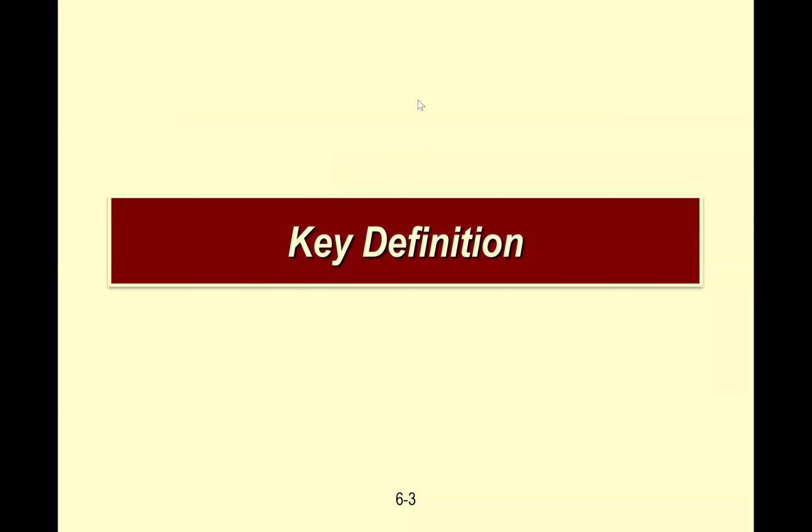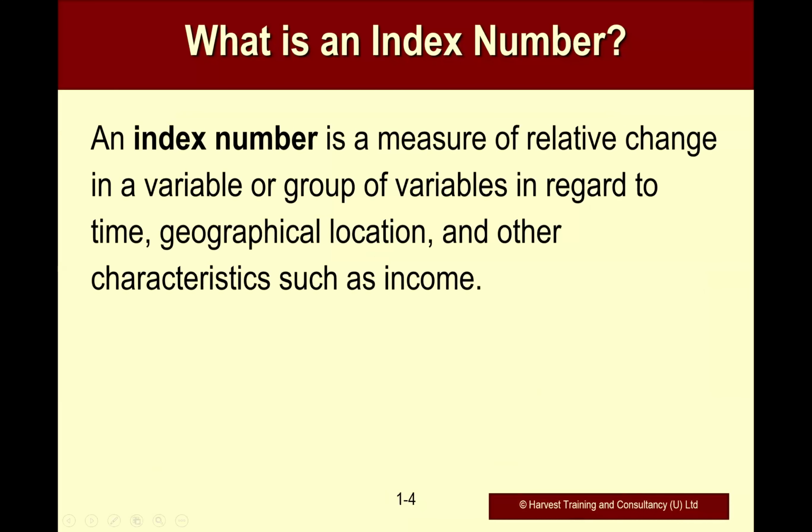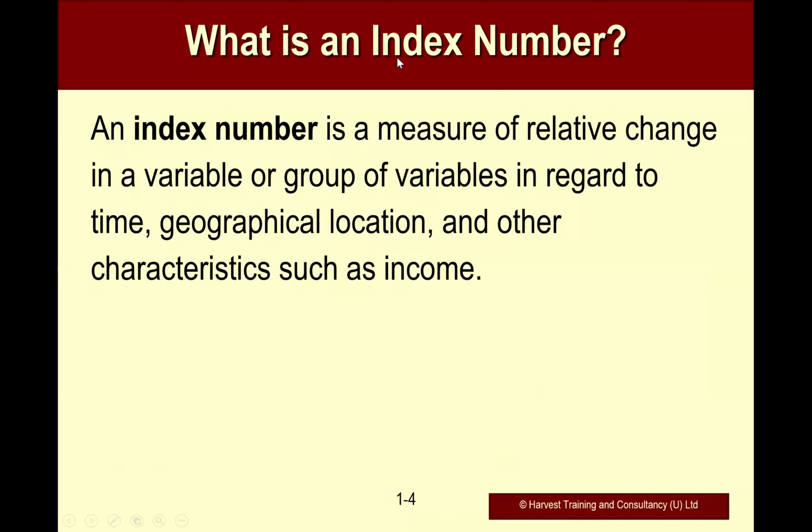So we begin with the meaning of index numbers. And as you can see here on our slide, an index number is a measure of relative change in a variable or group of variables in regard to several things, including your geographical location, time, and things like the income that you have.